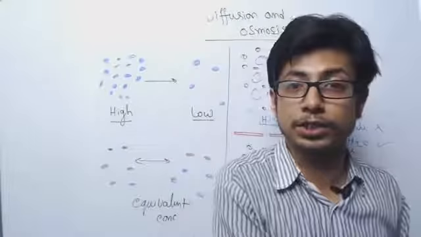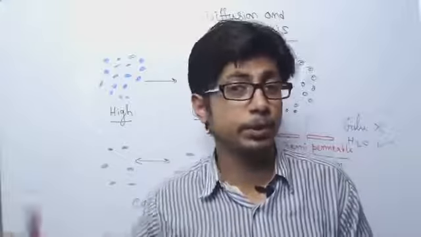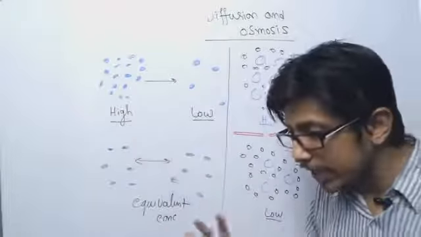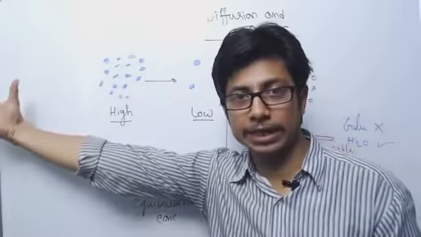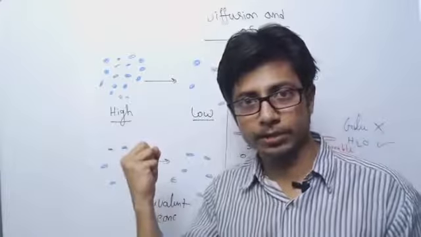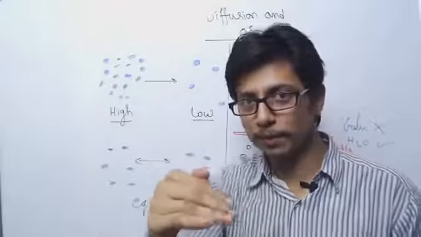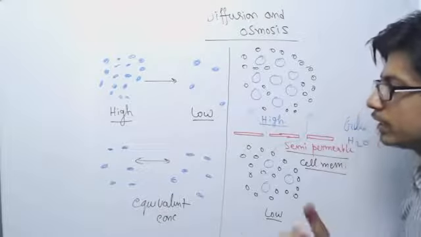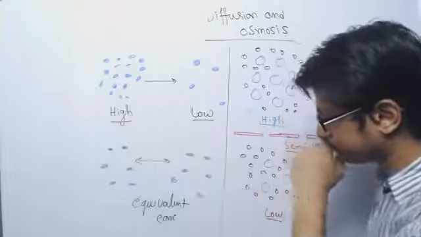Let's say it receives oxygen and releases carbon dioxide by the mechanism of diffusion. So if the oxygen concentration is higher outside the cell and low inside the cell, it will take the oxygen from high to low through the membrane. It will not involve any sort of osmosis, only diffusion, and that's how the cell gets the oxygen.